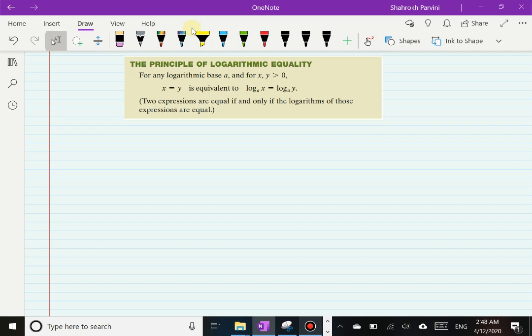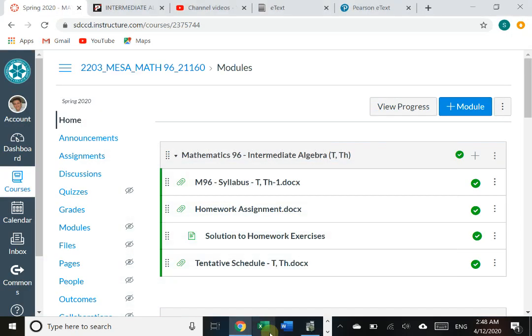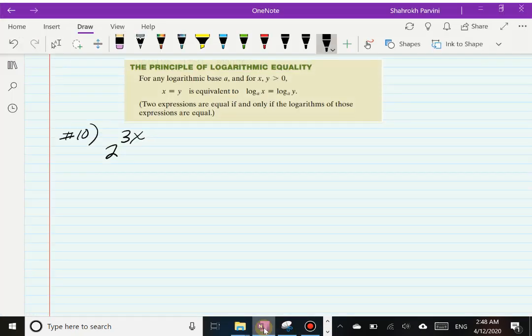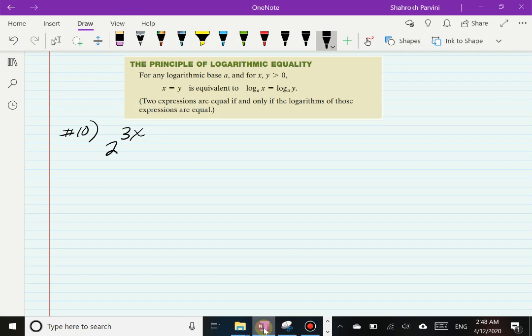So in exercise number 10, here the equation is 2 to the 3x equals 64.